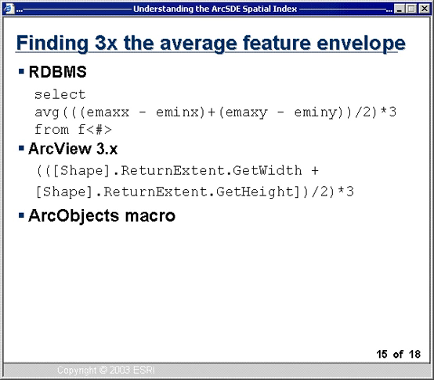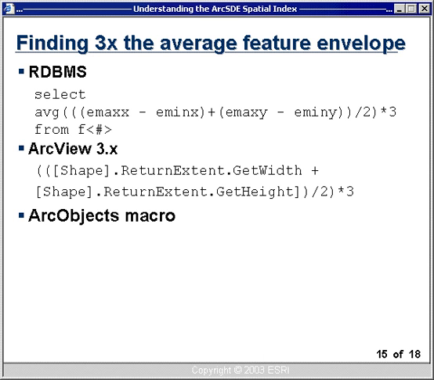You can look at the emin_x, emax_x, emin_y, emax_y values and query directly at the database level to get the average extent of an envelope and multiply that by 3. You can use ArcView 3.x in the query builder. The return extent method with getWidth and getHeight can be used to return the average extent value for a shapefile, and then you multiply that value by 3.